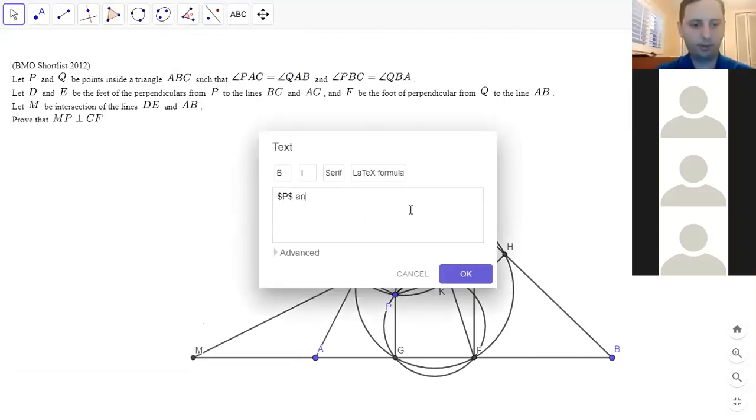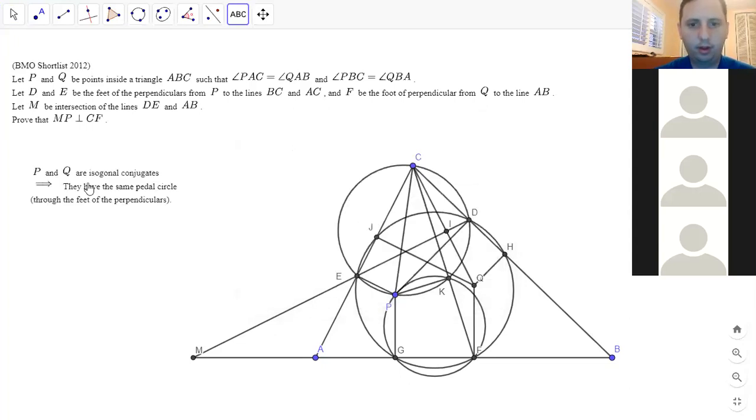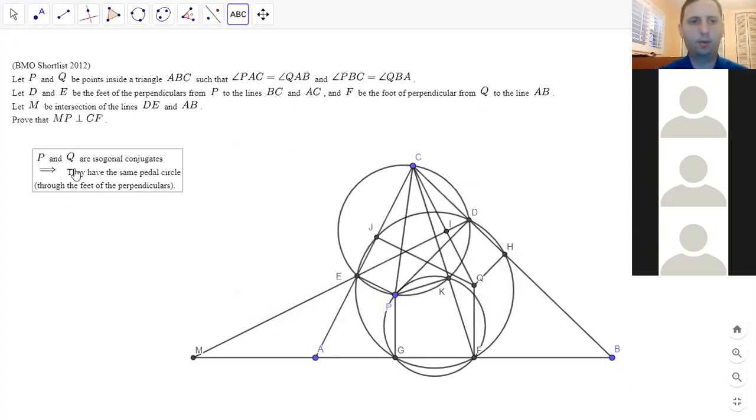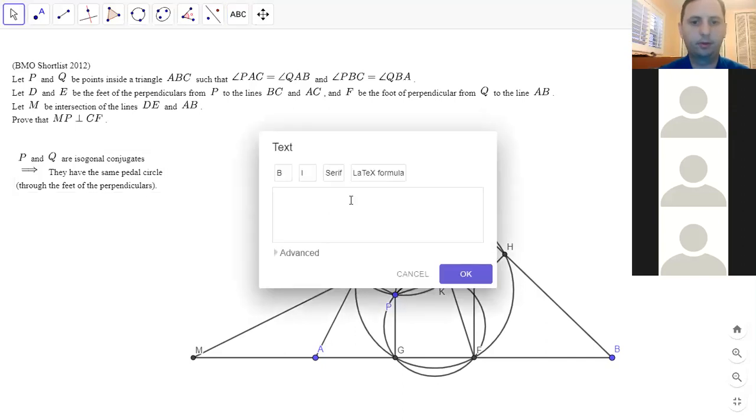So P and Q are isogonal conjugates, which means they have the same pedal circle. All right. And so I'll label the feet of the perpendiculars as shown.